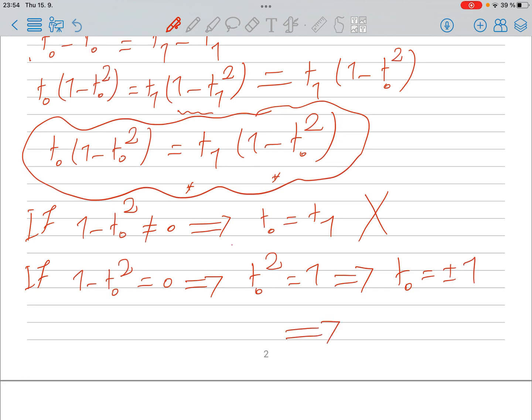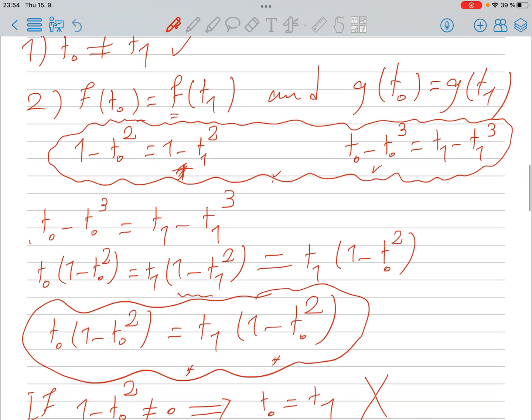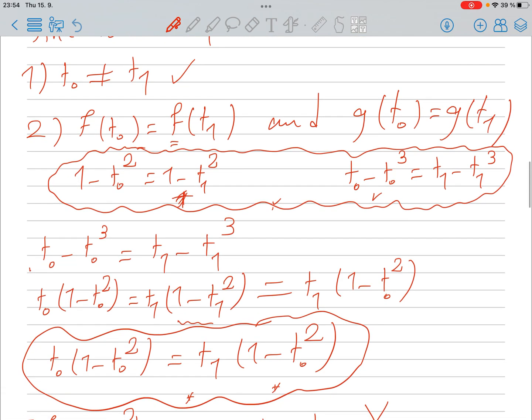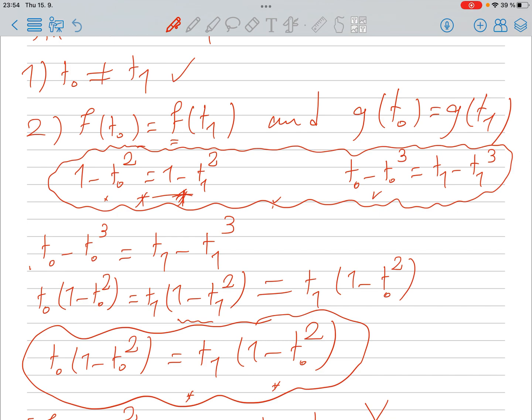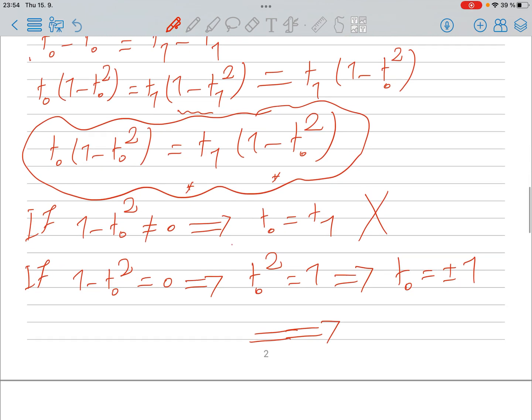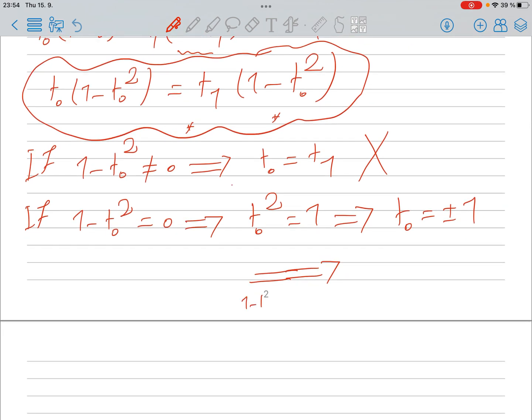And as you see here again, 1 minus t0 squared is equal to 1 minus t1 squared, and t0 is equal to positive or negative 1.